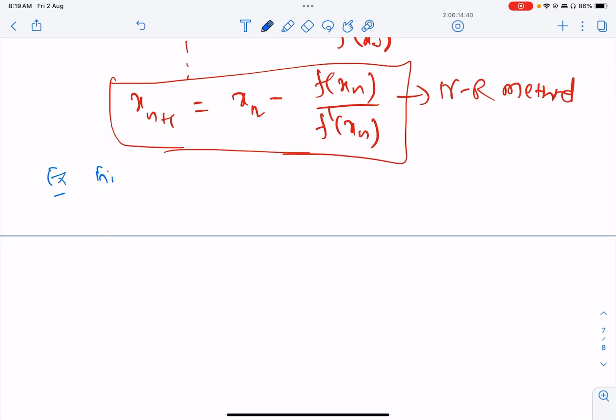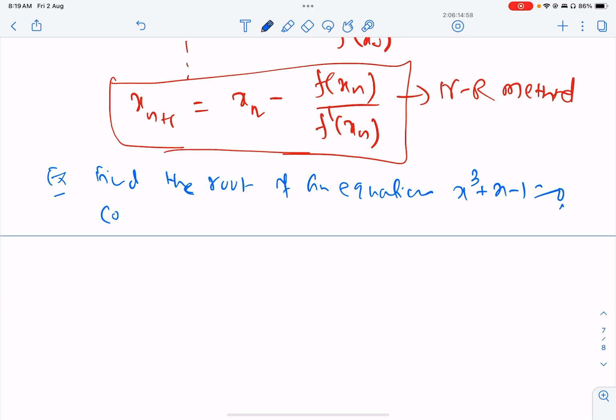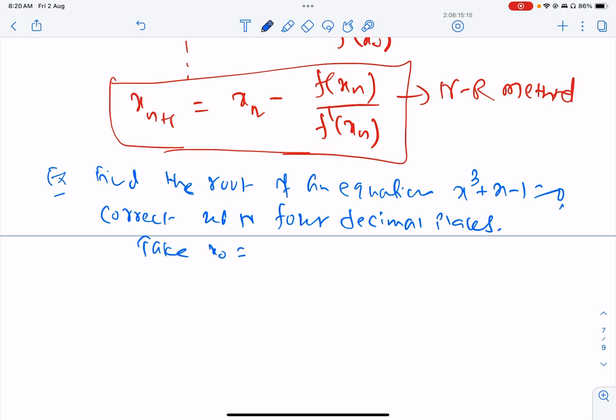Find the root of an equation x cube plus x minus 1 equal to 0, correct up to 4 decimal places. Take x0 equal to 1.